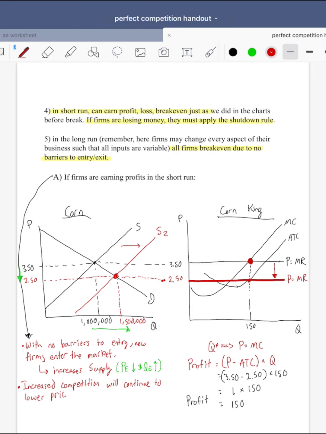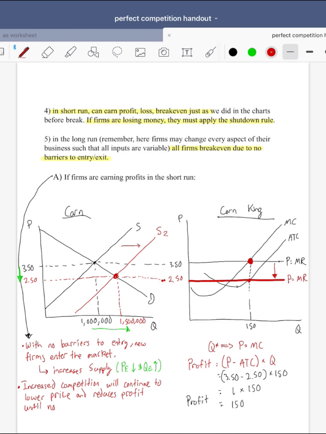So with no barriers to entry, new firms are going to enter the market. So we said that that's going to cause an increase in supply, which drives down the equilibrium price and the equilibrium quantity. As the equilibrium price goes down, then the amount that I charge is going to go down as well.